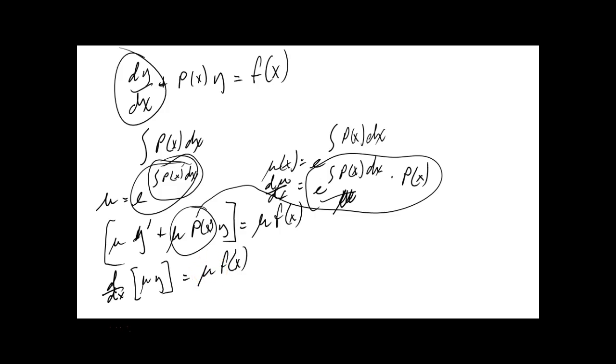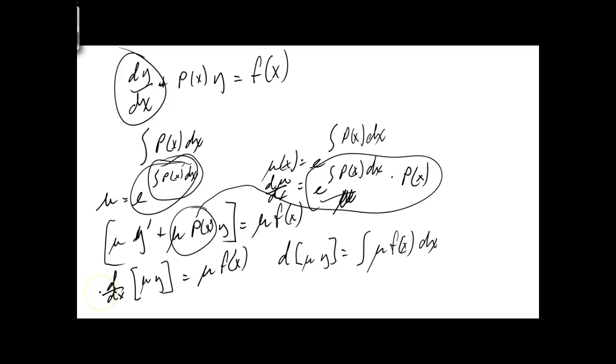Now what you do is you can separate variables. d of mu y is equal to mu f of x dx.